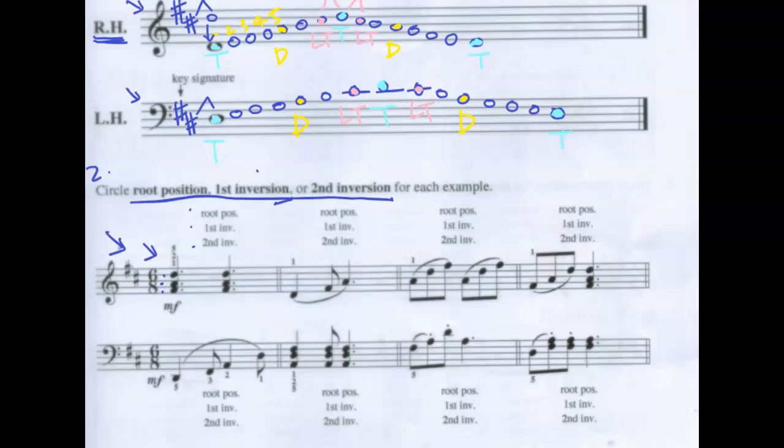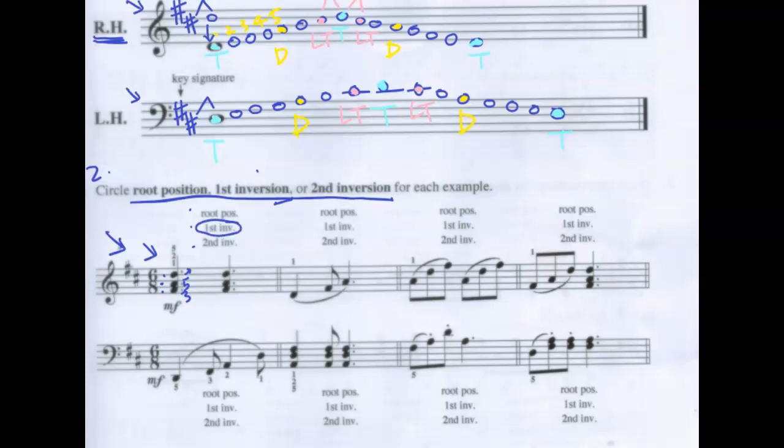So D is the root here but D is not in the bottom, so this is inverted. And since F sharp, which is the third note, right? Third from the tonic, 1, 2, 3, and then A is the fifth note. So third note is in the bottom or in the bass. That means this is the first inversion.